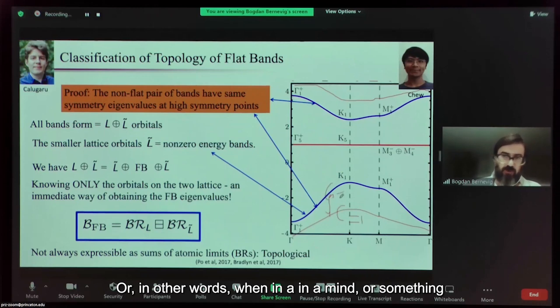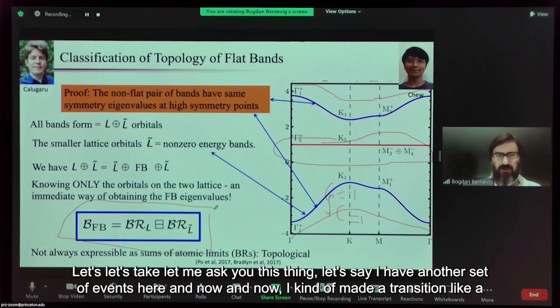I think this is certainly possible. You can play around with them, but it won't influence this flat band. So this band cannot be strong topological because it's always a subtraction of atomic limits. So it has to be fragile. Have I understood your question correctly?